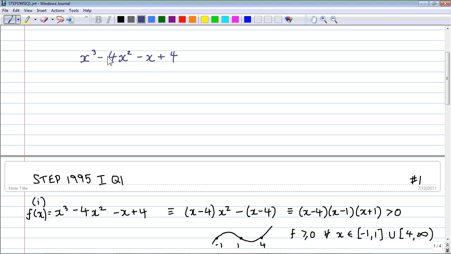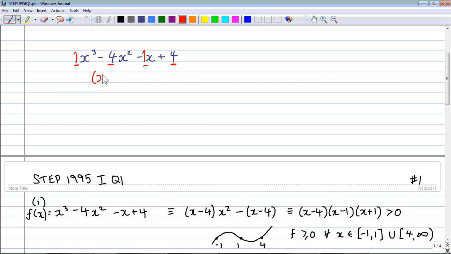The symmetry here is the relationship between the coefficients of the powers. So the fact that the coefficient of x cubed is 1 and the coefficient of x squared is minus 4, and then the coefficient of x is minus 1 and the coefficient of x to the 0 is plus 4, is a simple symmetry. So you can see a very direct factorization there.